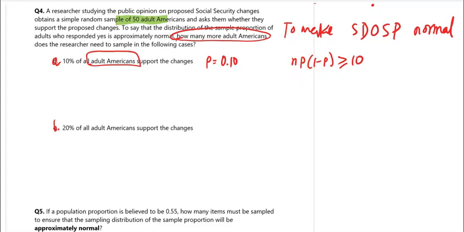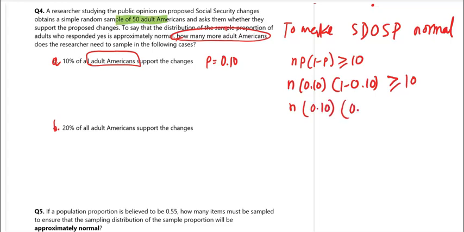Here you put the values of p and 1-p, because I'm looking for n. I know 50 is the sample size they picked, but that's not enough, so we ignore it for a moment. So n times 0.10 times (1 minus 0.10) is greater than or equal to 10. Simplifying, 0.10 times 0.90 is 0.09, so 0.09n is greater than or equal to 10.